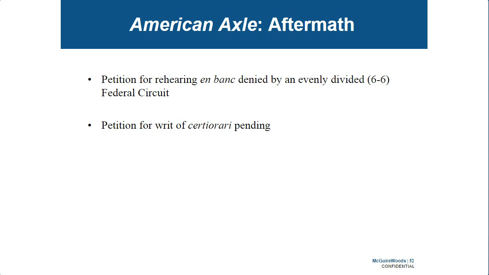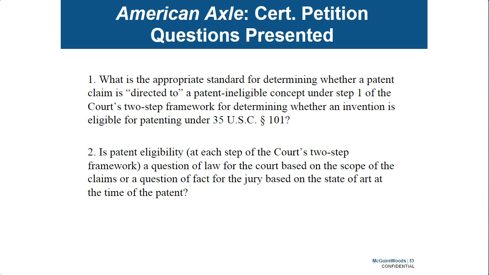The petition presented these two questions. What is the appropriate standard for determining whether a patent claim is directed to a patent-eligible concept under Step 1 of the court's two-step framework? Number 2, is patent eligibility a question of law for the court based on the scope of the claim, or a question of fact for the jury based on the state of the art at the time of the patent?